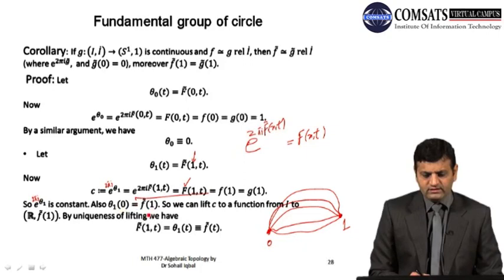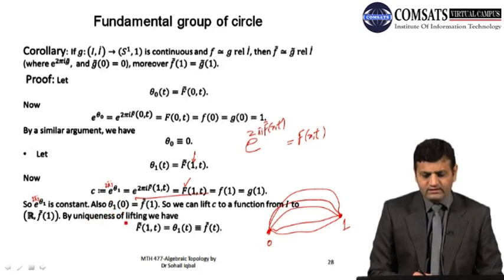So why is that the case? I'm sure you can see that theta 1 of 0 is equal to f tilde of 1, 0, which is definitely equal to f tilde of 1. We have already seen that. So we can lift c to a function from I to R, and once again we are using the same lemma over here for the function theta 1.